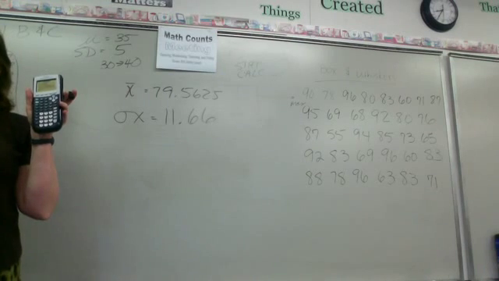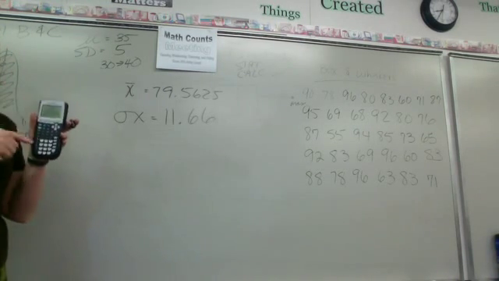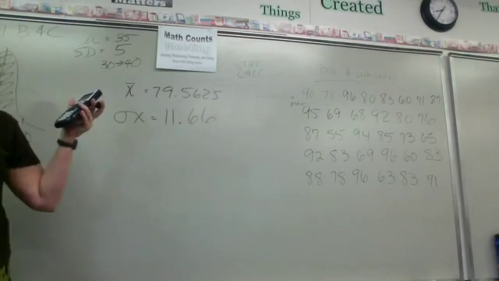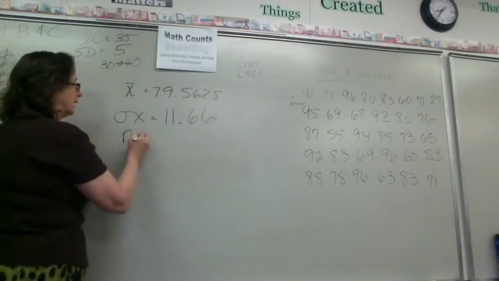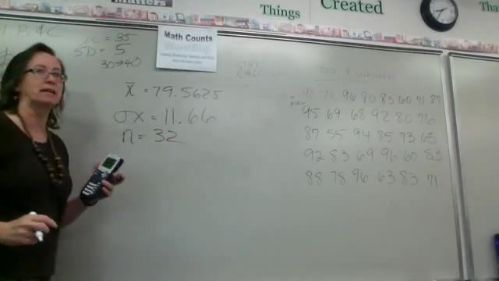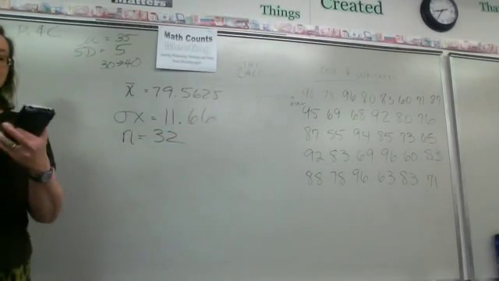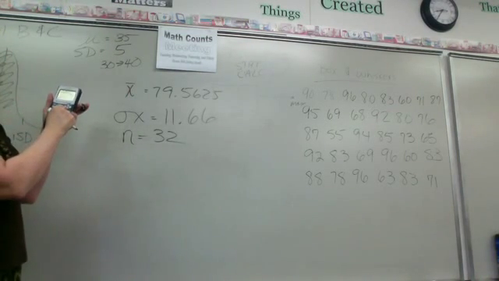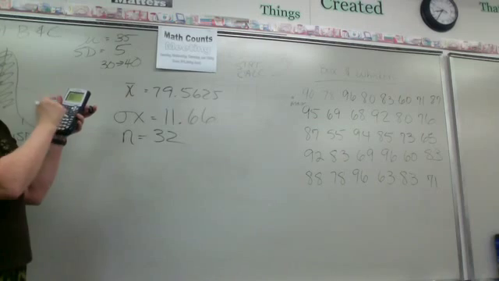Then notice it says n equals 32. That's where you can check to make sure you have the right number of points. In a lot of statistics problems, you need to know the n, which just tells you how many points of data you entered. Then if you see the little arrow there, scroll down, and you get a whole bunch more.